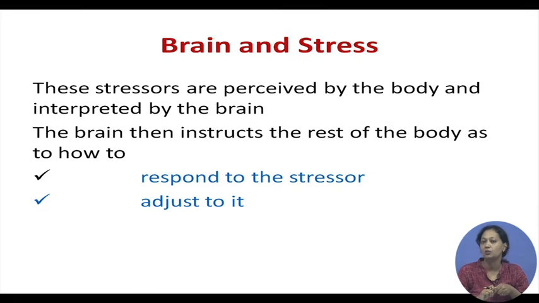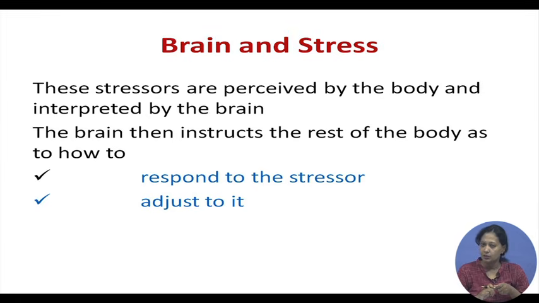The brain then instructs the rest of the body as to how to respond and adjust to it, that is, whether this is a stressor that the body can cope with, or adapt and adjust to, and many times also whether to give a fight or flight or in fact a freeze response as well.